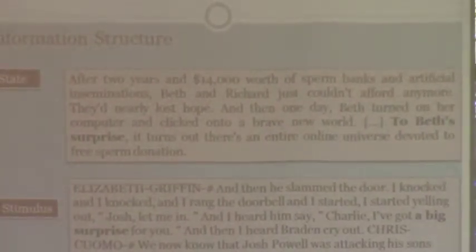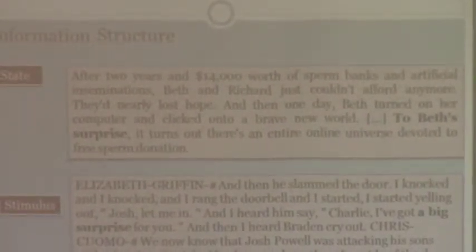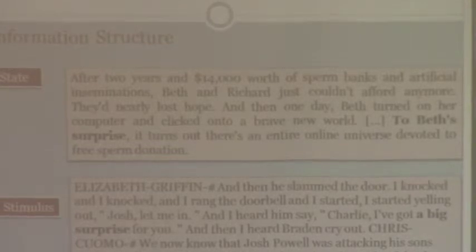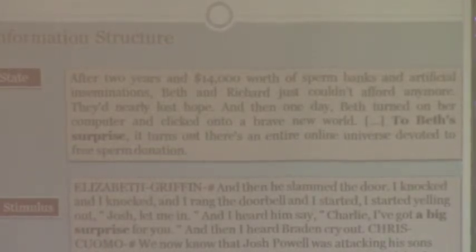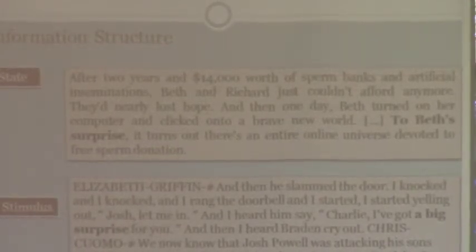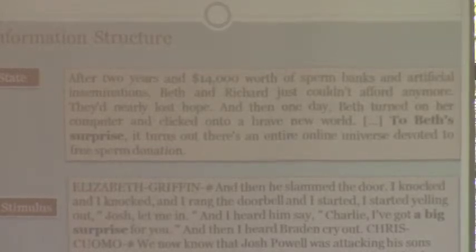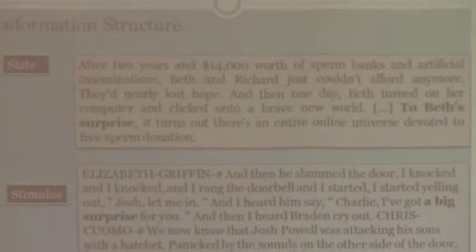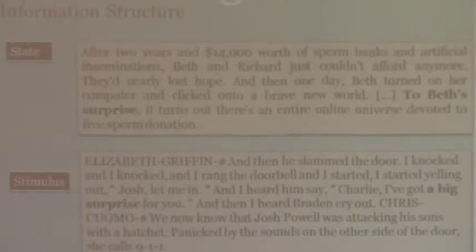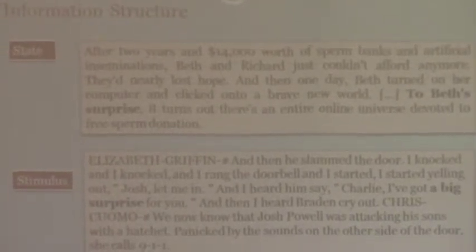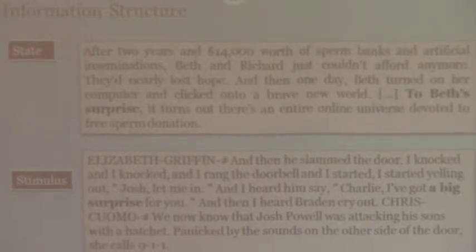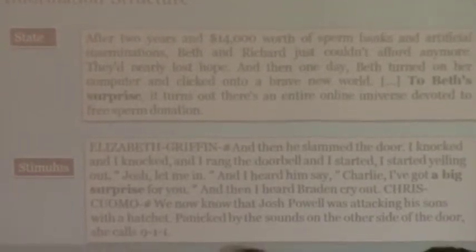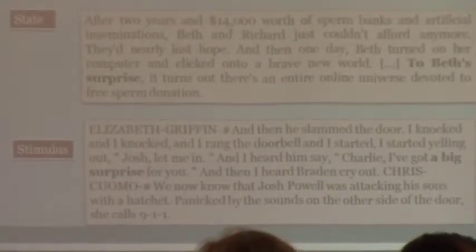When surprise designates a stimulus, a source, it often precedes the description of its referent. Charlie, I've got a big surprise for you. As an addressee, you expect some information about this surprise.